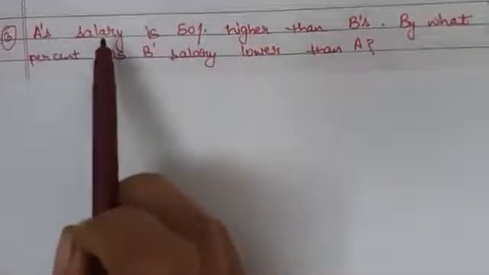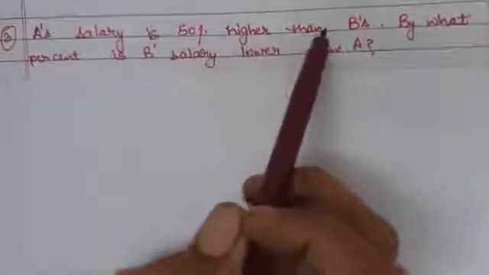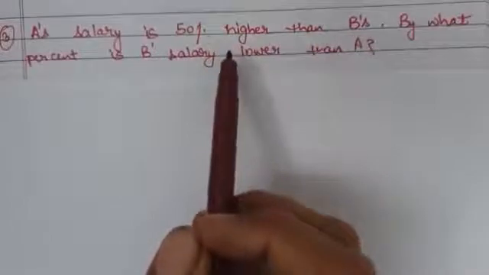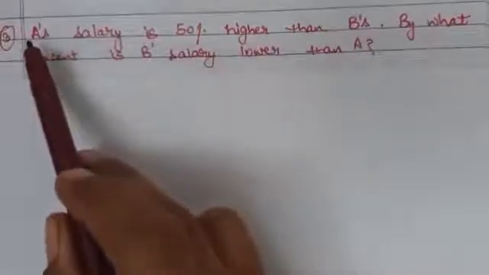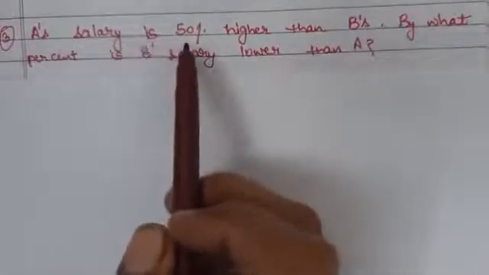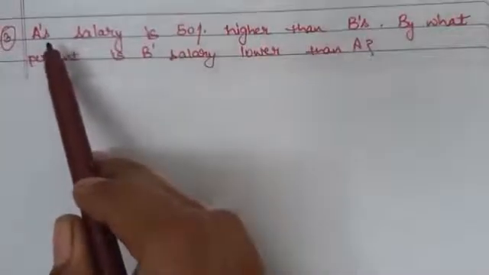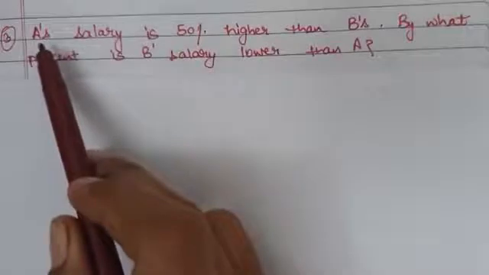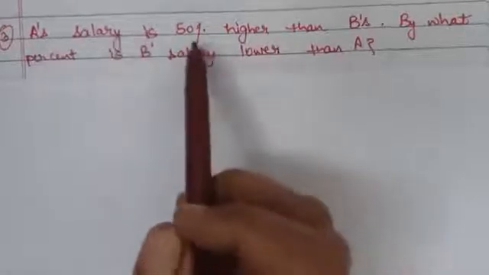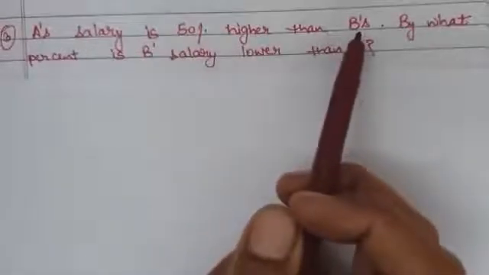Next question is, A's salary is 50% higher than B's salary. The person has been given the name A, whose salary we don't know, but we know that the person named A has a salary 50% higher than B's salary.